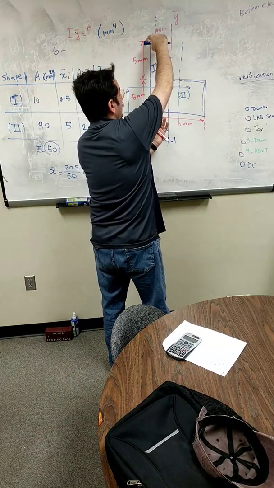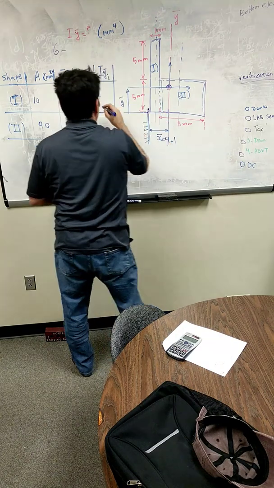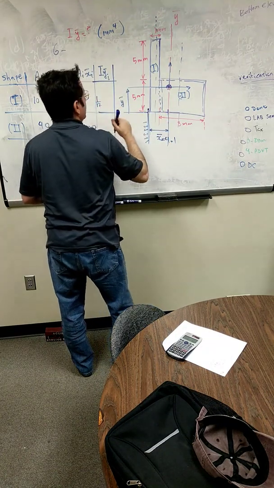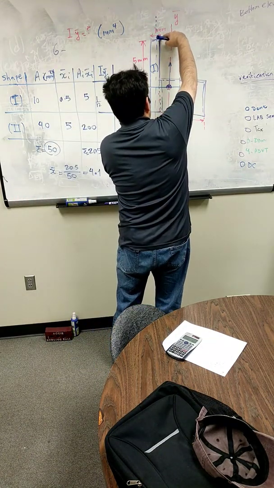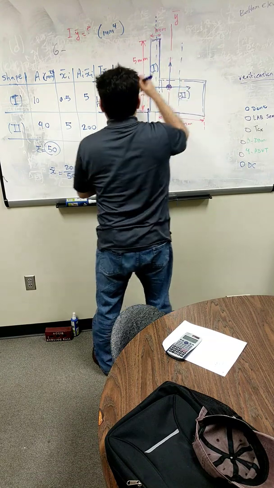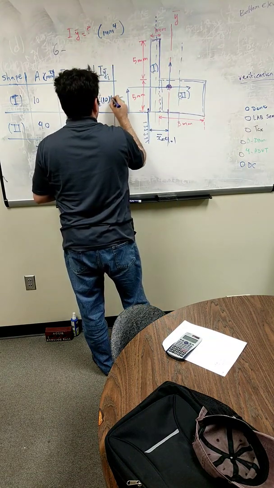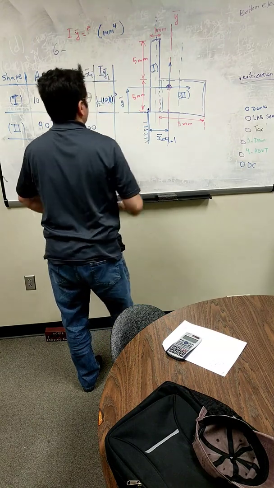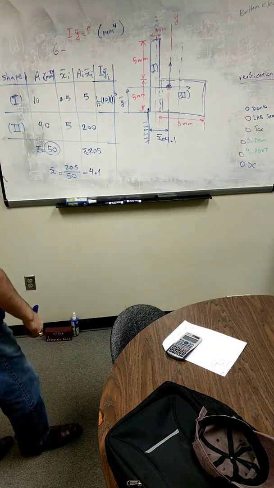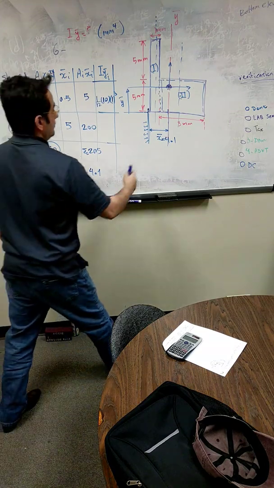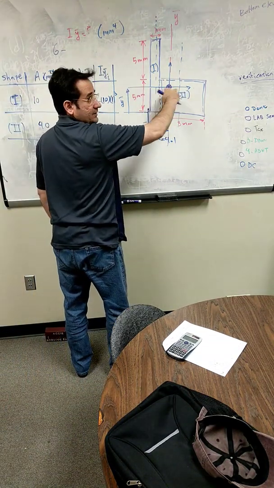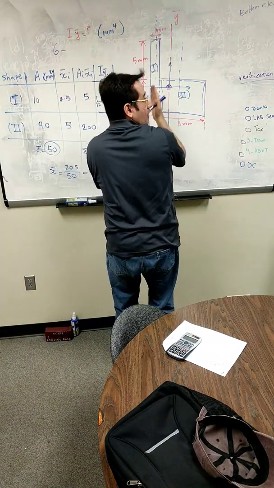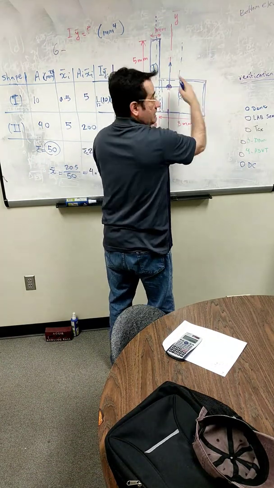So with respect to this axis, it is 1/12 times this base, which is 10, times the height, which is 1 to the 3rd power. So don't forget, we're not taking this axis because we are taking the y bar. It's not x bar, that's the opposite.